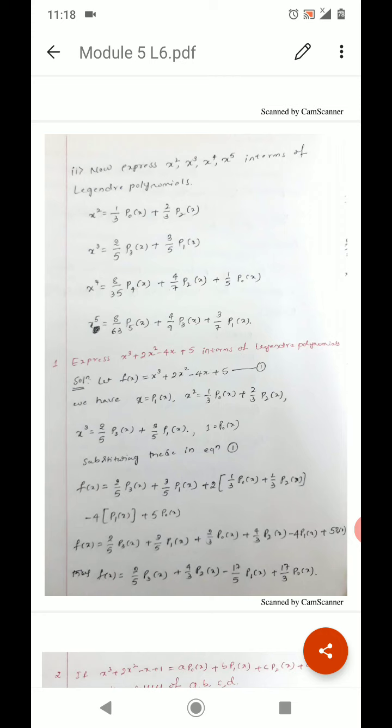So take the given function f of x equal to x cube plus 2x square minus 4x plus 5 as equation 1.